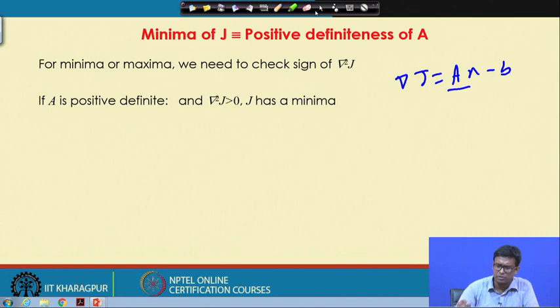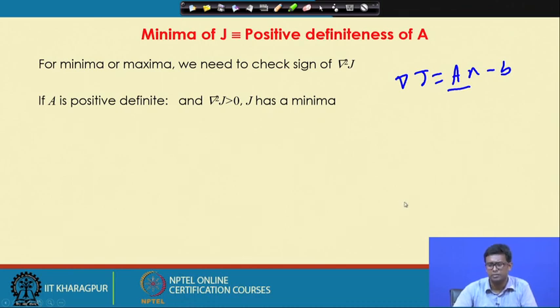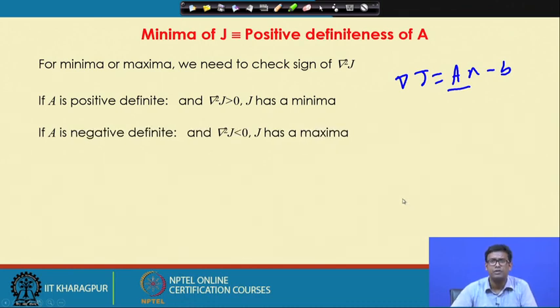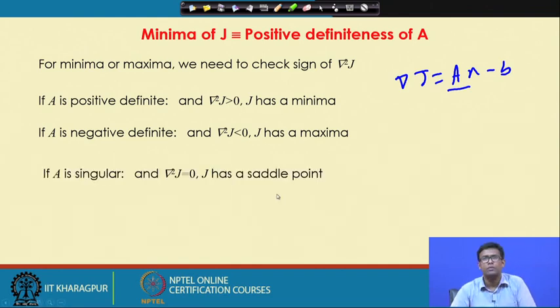If A is positive definite, then nabla square J is greater than 0 and J has a minima. If A is negative definite, then J has a maxima, and in case A is singular, then nabla square J is equal to 0 and J has a saddle point.